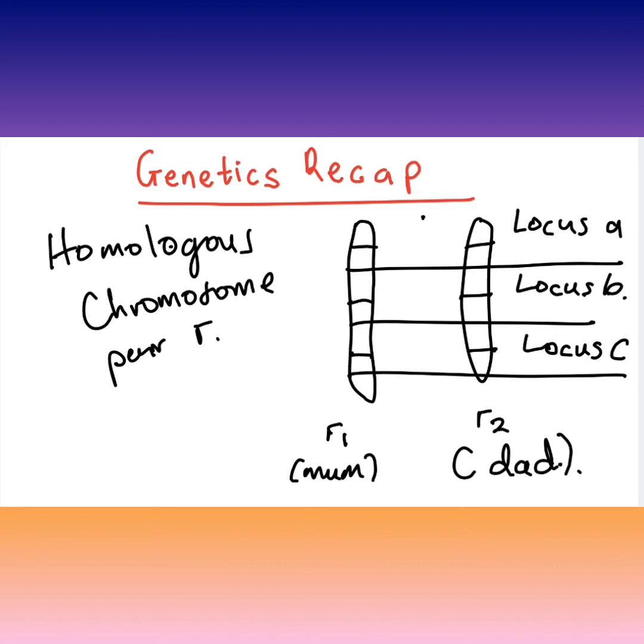Now back to this diagram. Locus A contains genes that code for eye color. Locus B contains genes that code for, let's say, hair color, we have locus A coding for eye color, and then we have locus C, let's say skin color.